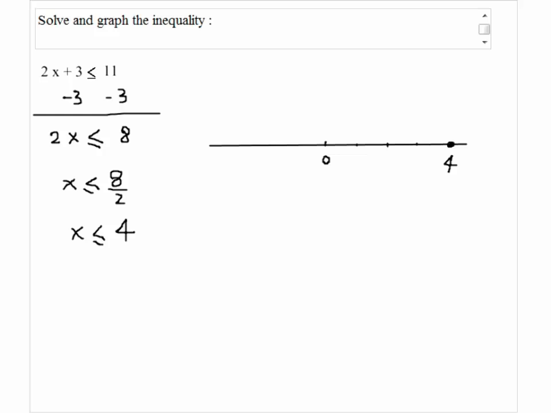X is less than or equal to 4 would be all the numbers that are less than 4. So all the numbers that are less than 4 would be to the left of 4. So that would be the graph of the inequality.